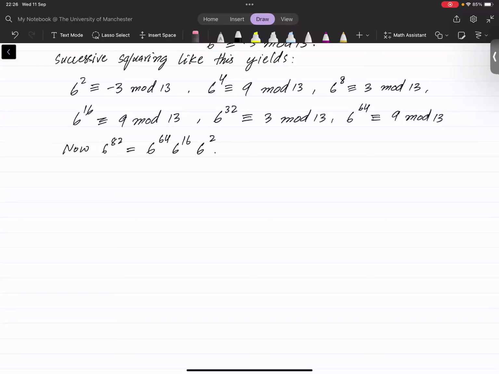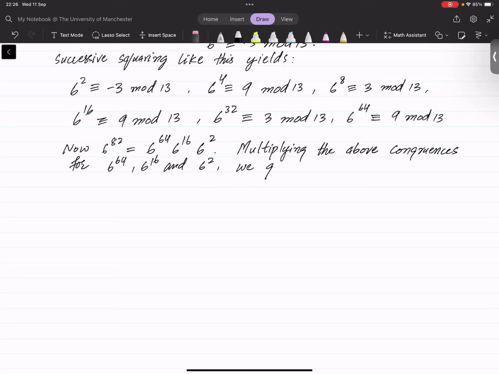Now multiply the above congruences for 6 power 64, 6 power 16, and 6 power 2, we get 6 power 82 is congruent to 9 times 9 times minus 3 mod 13.